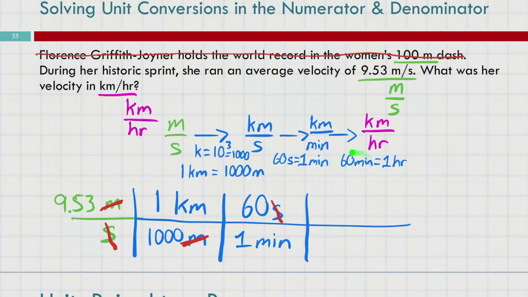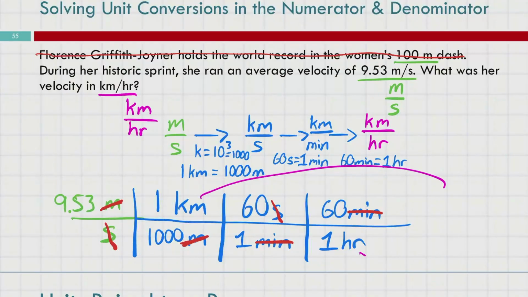So we want minutes to be on top, and the hours will be down on the bottom. 60 minutes over 1 hour. And this gets our minutes to cancel. So the units that are left over are kilometers and hours.